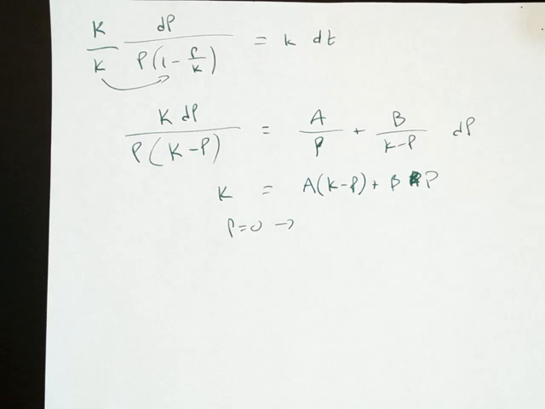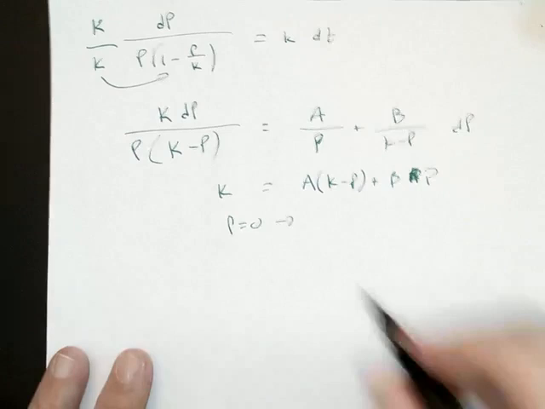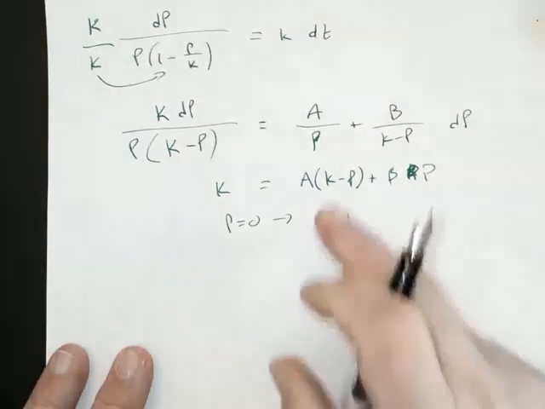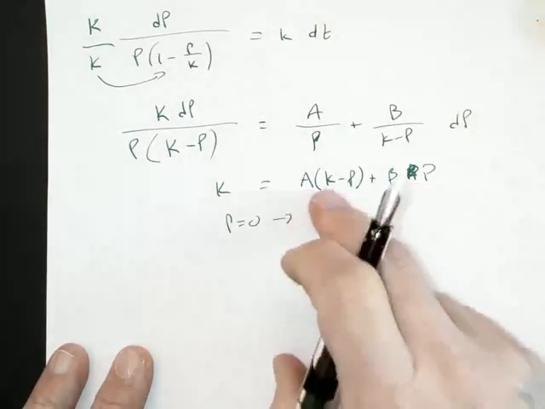Because I will get A times K equals K. Perfect. If I put in P equals K, what do I get?